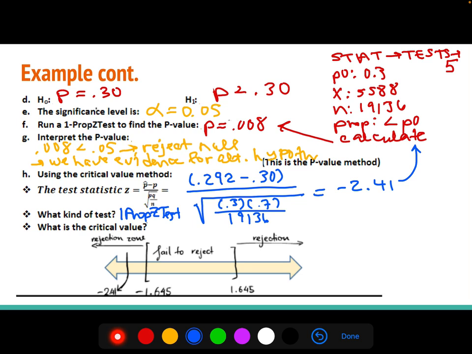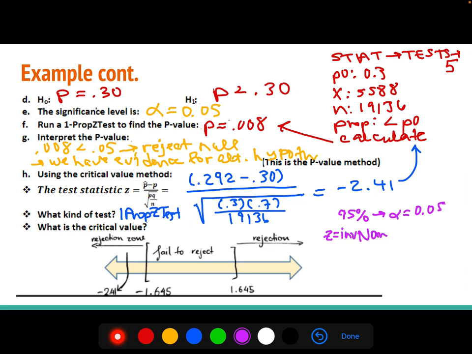And our critical value, which we can find now. To find that, remember we have a 95% confidence interval, so that means alpha is 0.05.